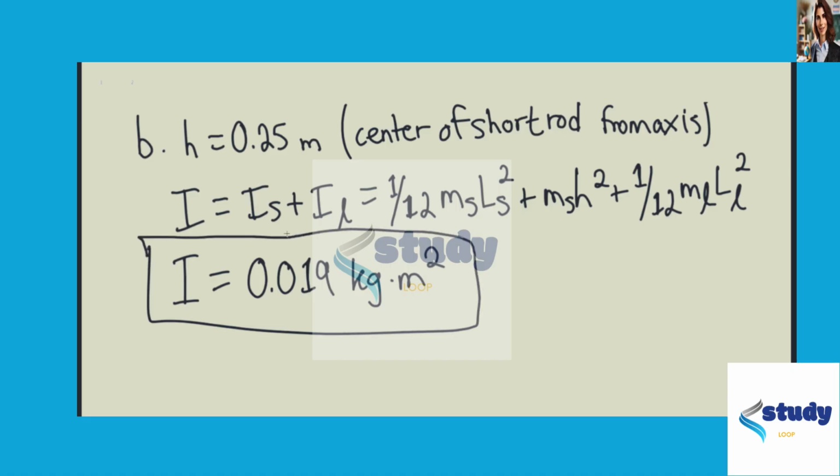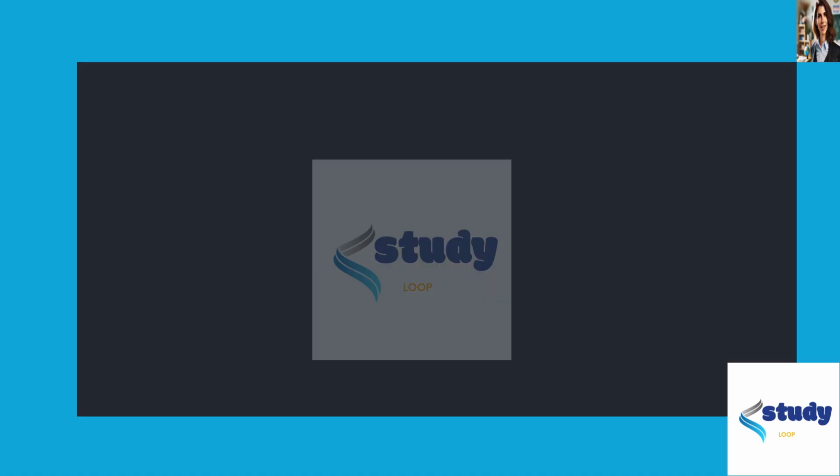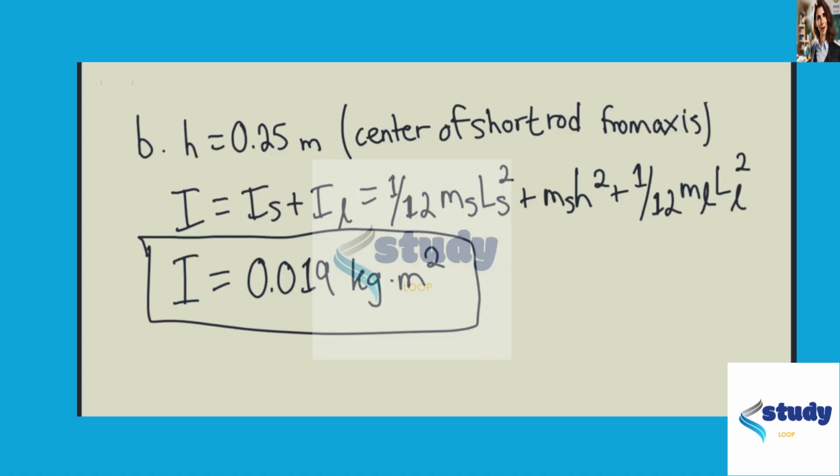We only calculated the moment of inertia in a different way, using more of the parallel axis theorem, given that we're noticing that the short rod is 0.25 meters away from the axis of rotation.